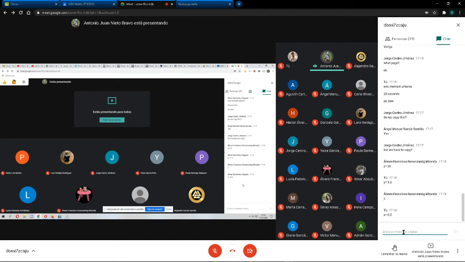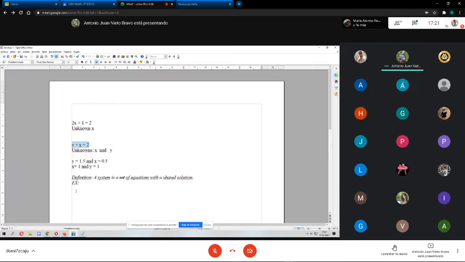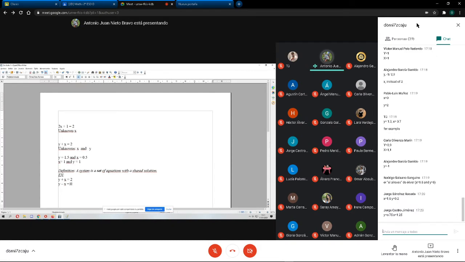So, for example, if I take this equation and I take another one, y minus x equals 0, and I want to have it as a system, to solve this system would be to find the value of y and x that makes the first equality true and the second equality true, both of them at the same time.